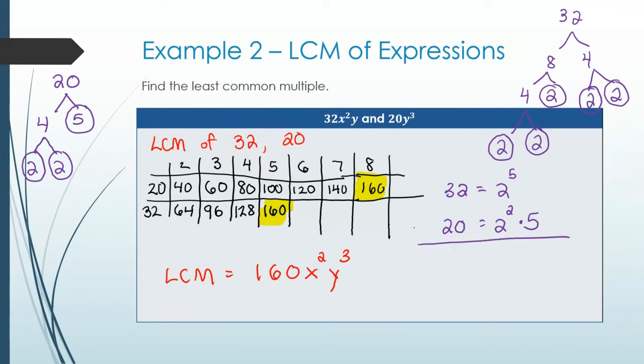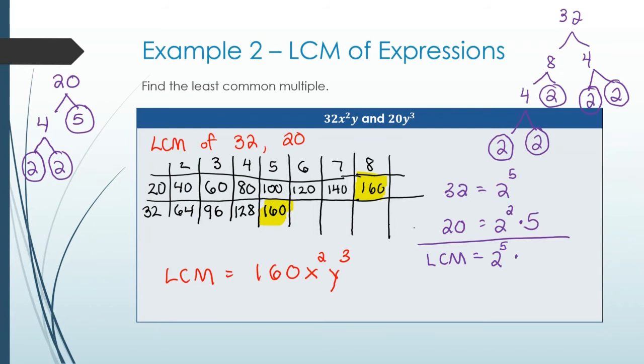So if I want to find the least common multiple between these two numbers, I'm going to compare the 2's, and I want the one with the highest exponent. The exponent with 5 is bigger than 2, so my least common multiple is going to be 2 to the 5th. Rewrite that a little better. And then I go to the next one, and I can only build something new.